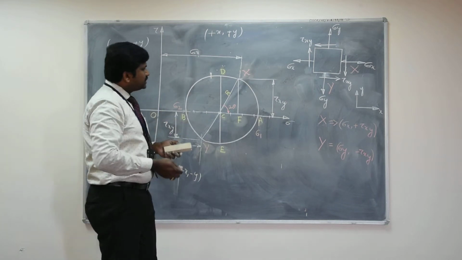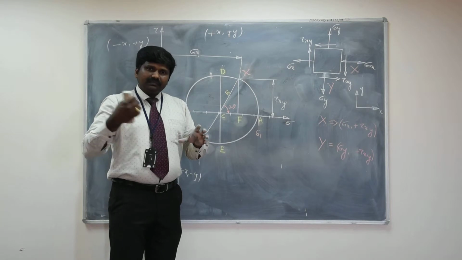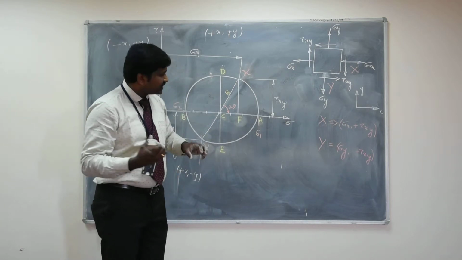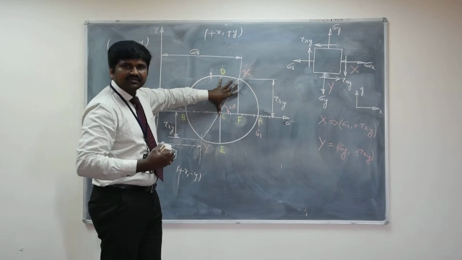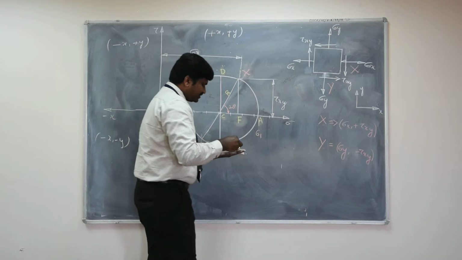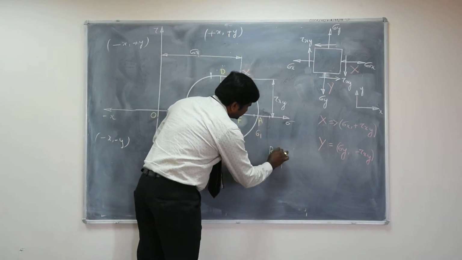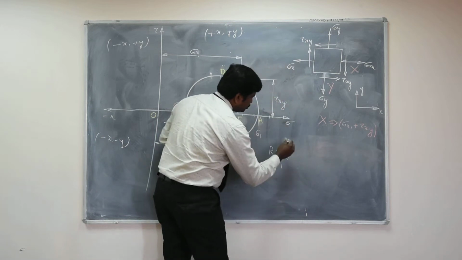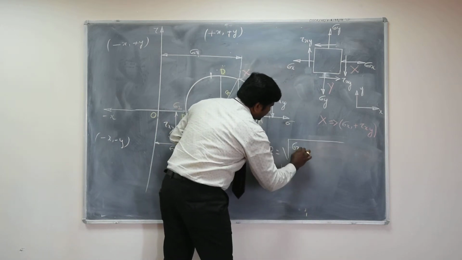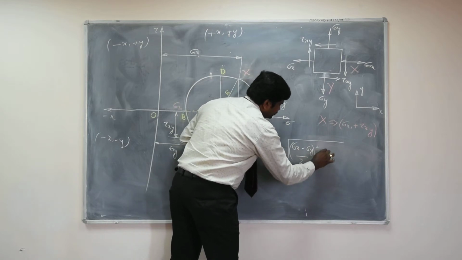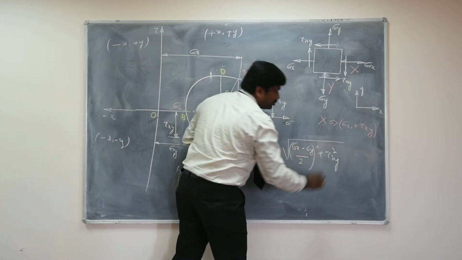Then what is the maximum shear stress? In the previous theory we understood that the radius of the Mohr circle gives you directly the shear stress. That means R is equal to, you recall the previous equation, the square root of sigma x minus sigma y by 2, whole square, plus tau xy square.